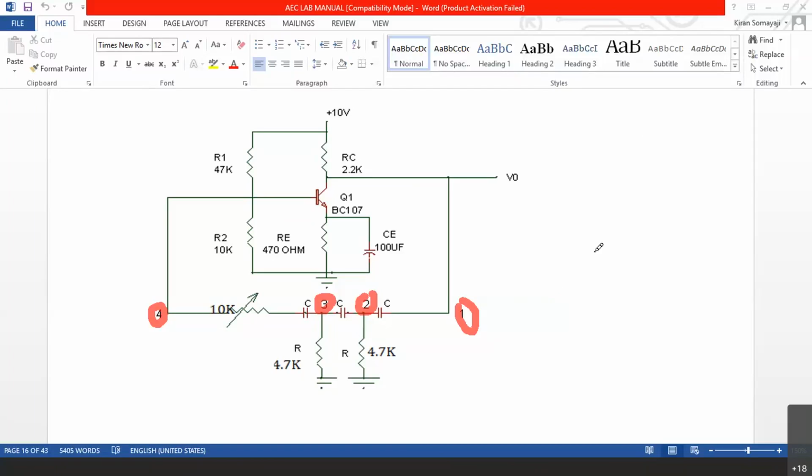Oscilloscope has got a X deflection plate, it has got a Y deflection plate, means horizontal deflection plate, vertical deflection plate. In fact, in the oscilloscope, it is the electron beam which is hitting a phosphorescent screen at the front. When the electron is hitting the phosphorescent screen, you will see the dot there.